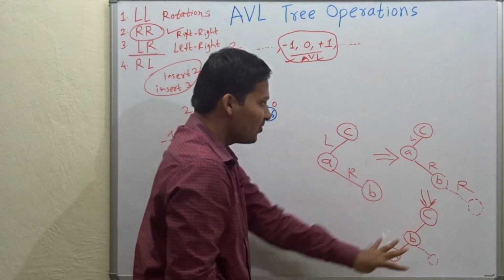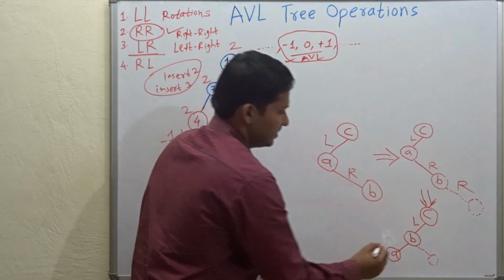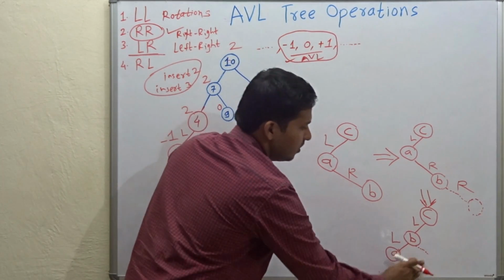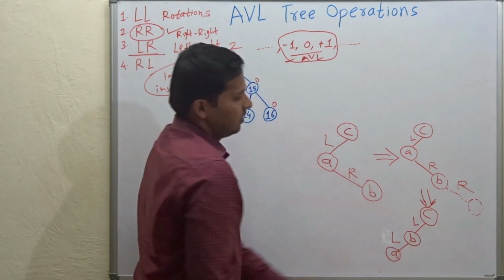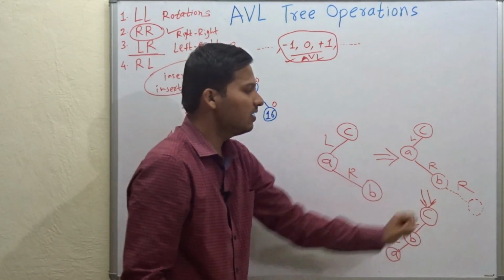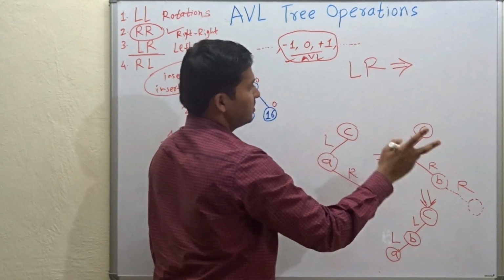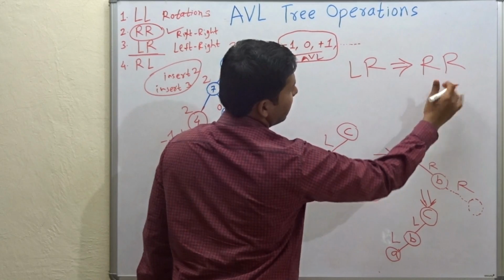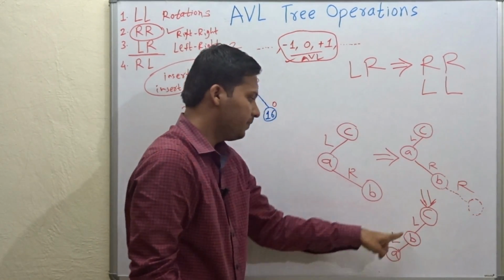Okay, now this is an LL case. Just leave this imaginary node, forget this hypothetical node. The second step is LL, means this LR is divided into two steps, that is RR first. When RR is solved, then we check for LL.